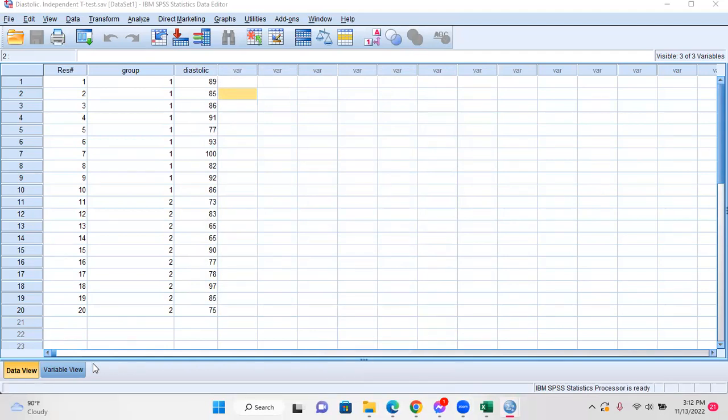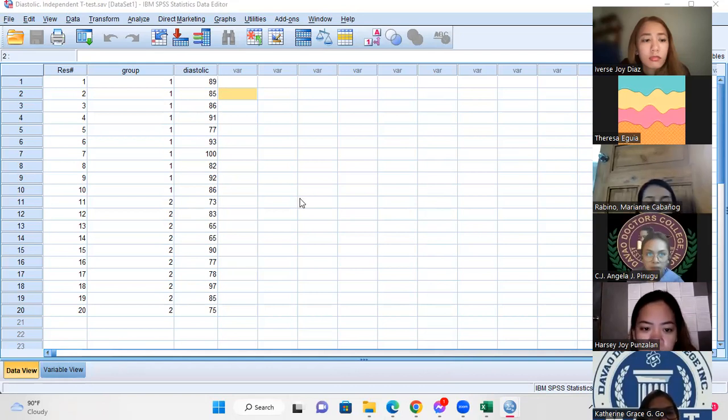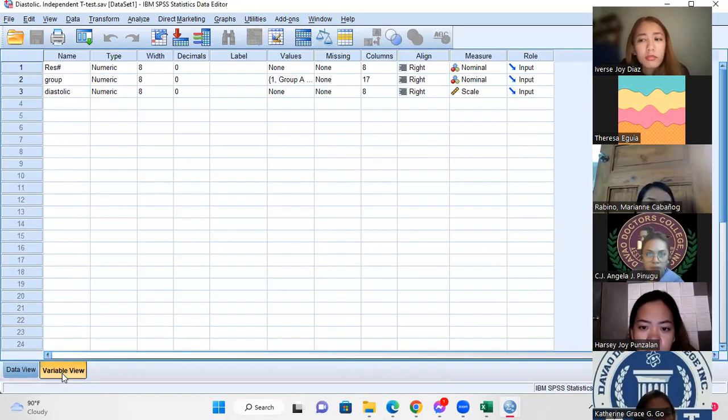So kindly take a look at the variable view. The variable view is at the bottom beside data view. Yan. Kita nyo? Yes po. Okay.